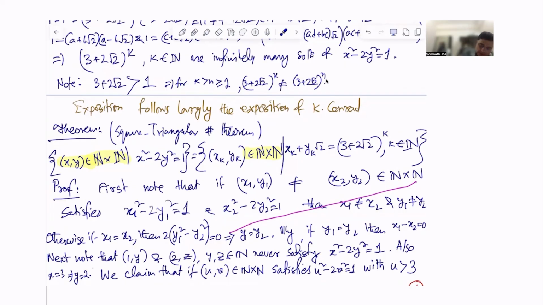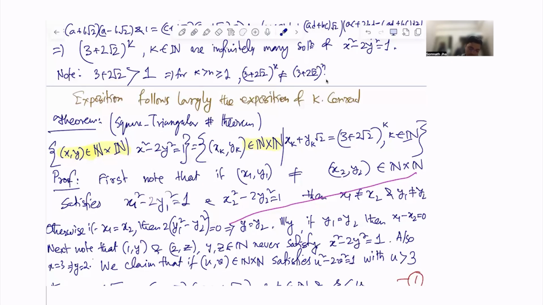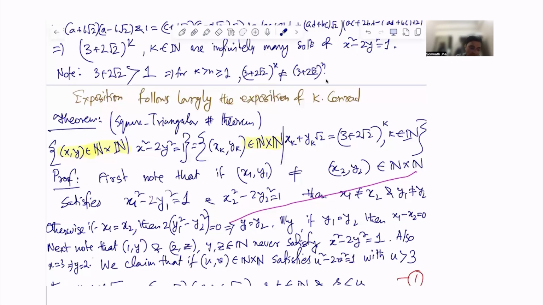Okay. So similarly, if two coordinates y1 and y2 are equal, then x1 square has to be equal to x2 square, and then x1 has to be x2. Okay, so also further you look at, the first coordinate cannot be 1.